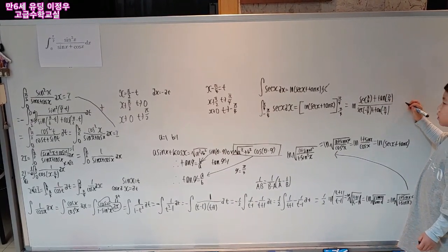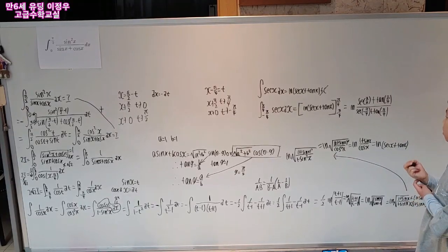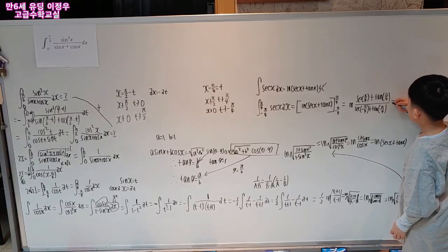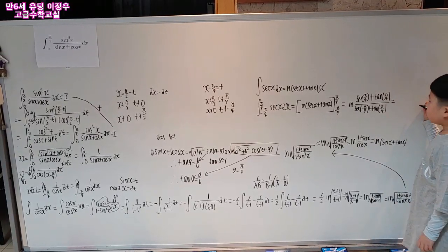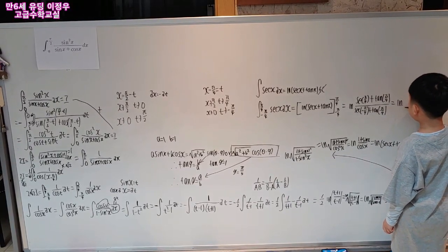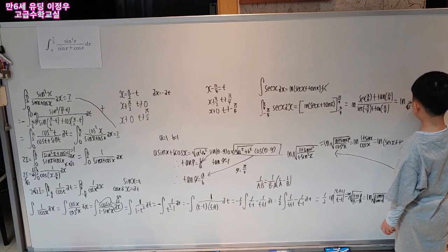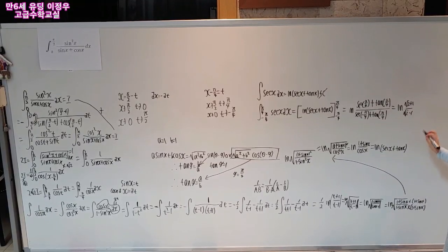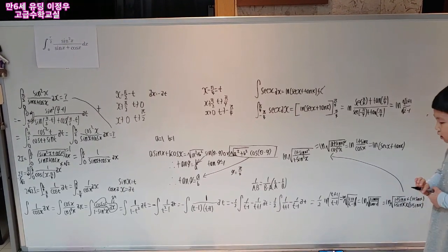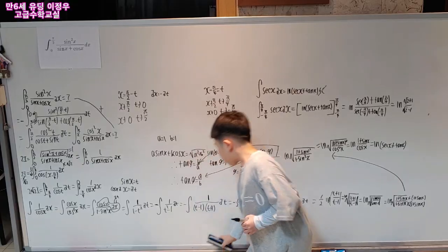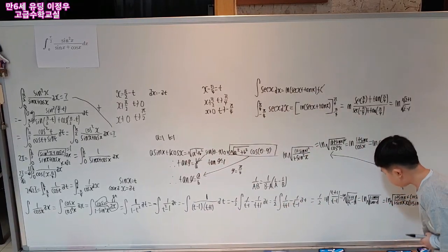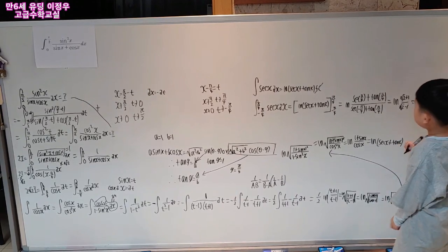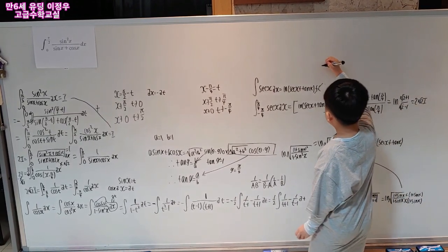And so this is ln of root 2 plus 1 over root 2 minus 1. And this is 2 root 2 I.